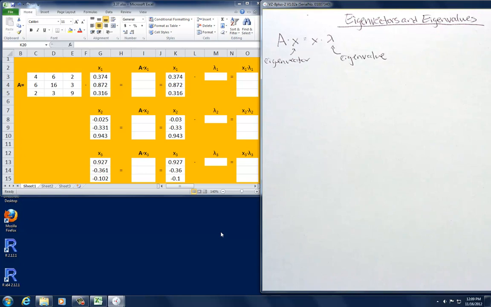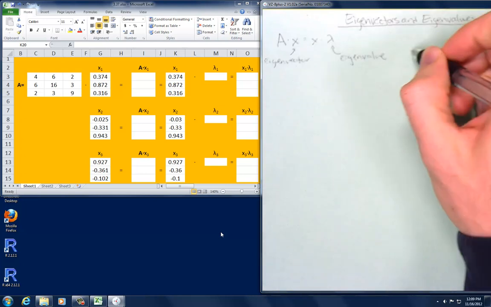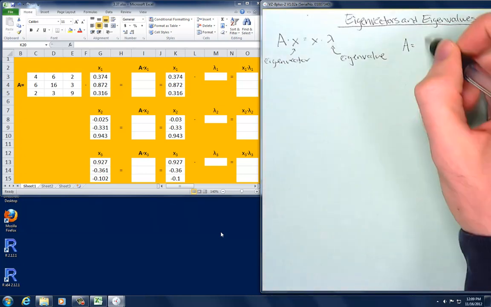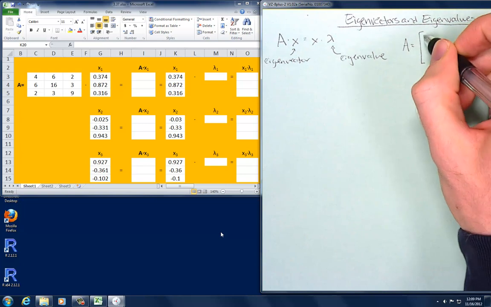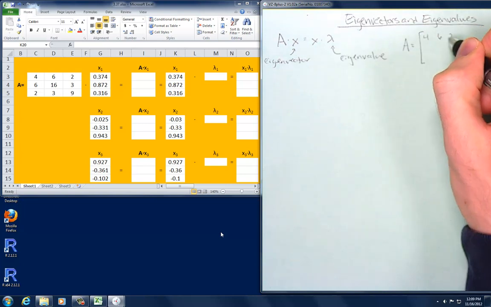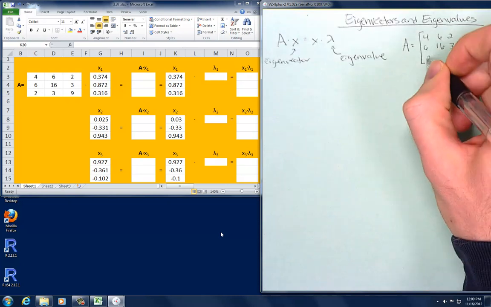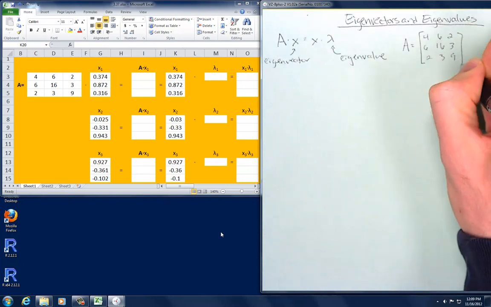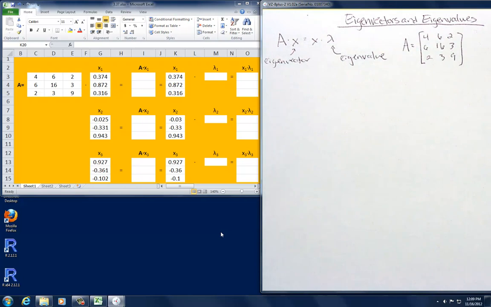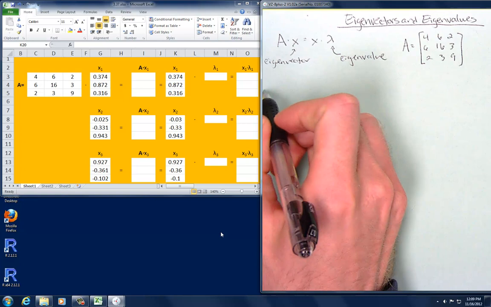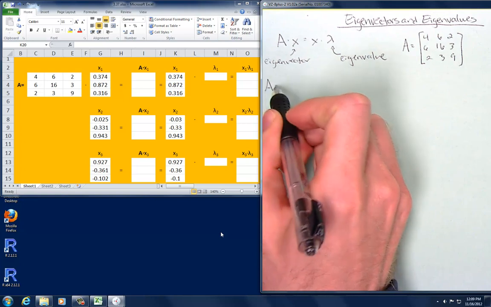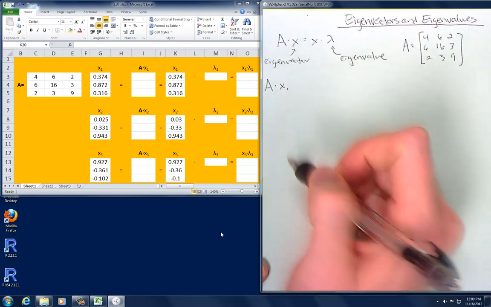So let's use this matrix A that we've used previously. It's a 3 by 3 matrix with the values going across 4, 6, 2, 6, 16, 3, and 2, 3, 9. We can multiply this A times a vector x sub 1.